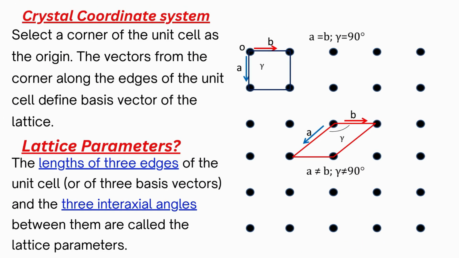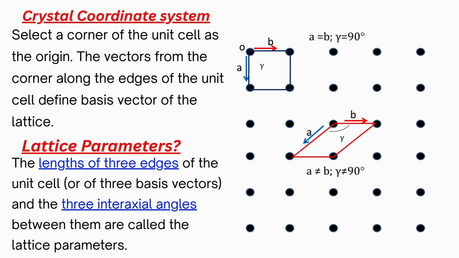In this slide you can understand the basic coordinate system. That means the vectors from a corner along the edges of the unit cell define the basis vectors of the lattice. Whatever we discussed in the earlier slides, the A, B, C relationships, are basically defined by the distance or direction of that particular vector, and how it is repeated along the directions.